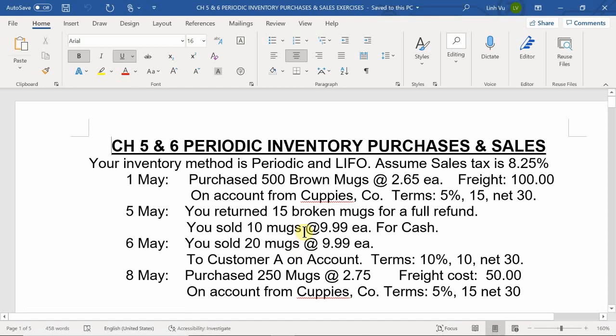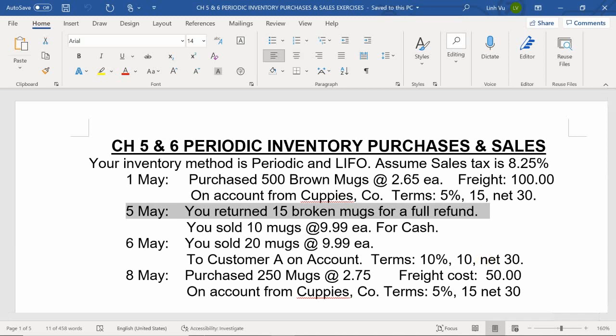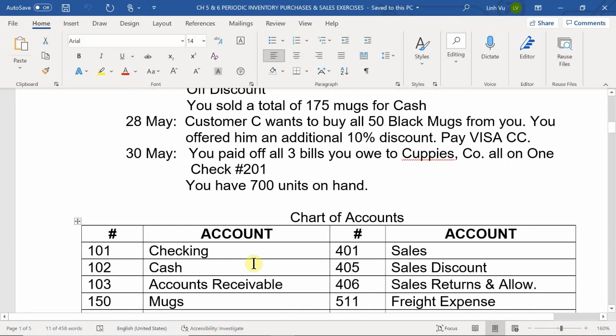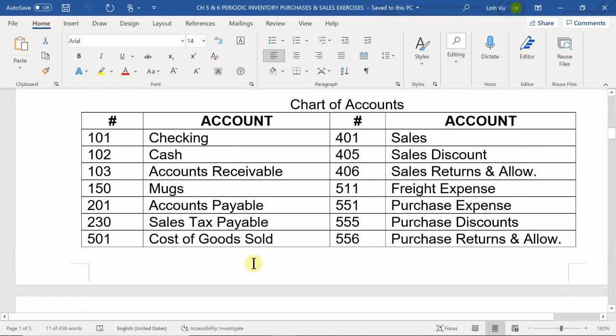So then on May 5th, what has happened here? We returned 15 mugs for a full refund. So we returned 15 broken mugs for a full refund. Let's check my chart of accounts. What accounts will I be using? Sales returns and allowances.